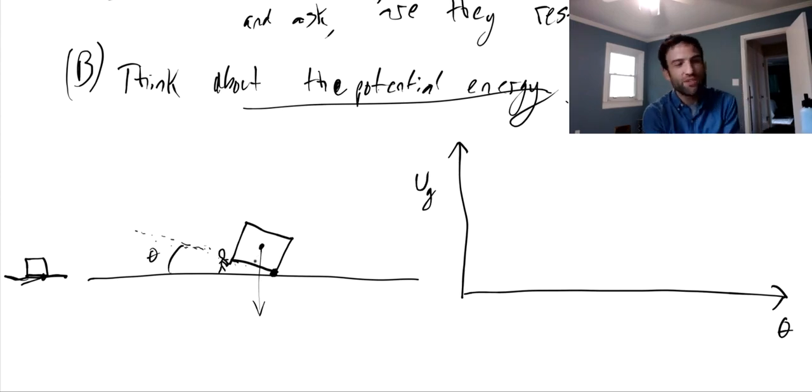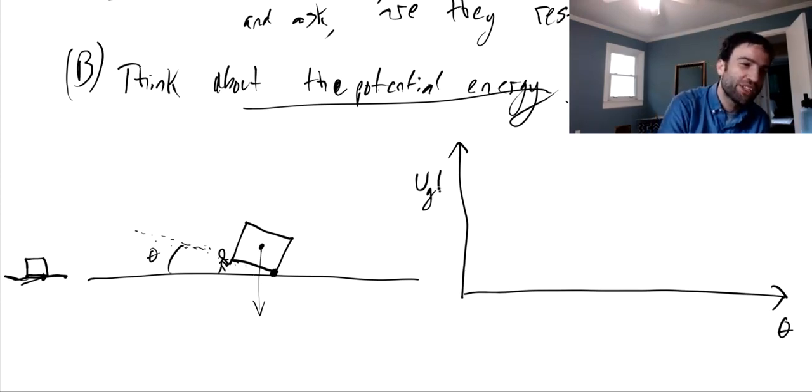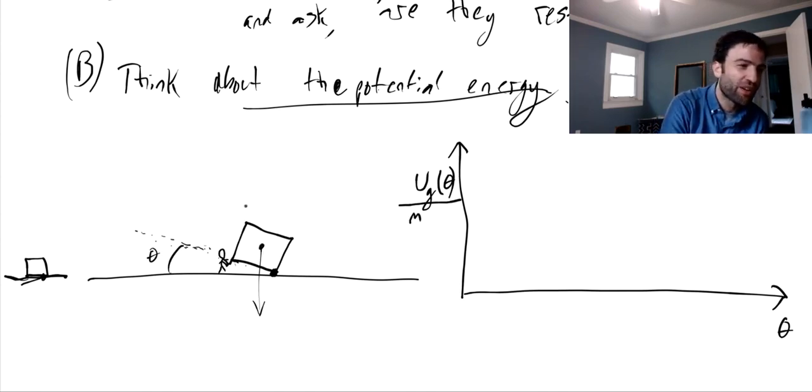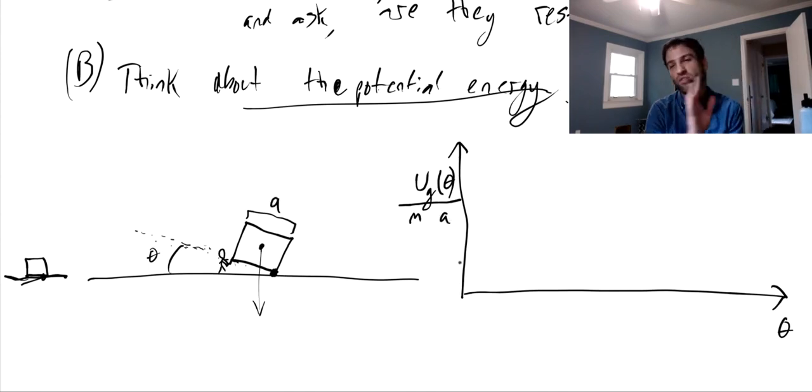So the gravitational potential energy will be related to how far up I've lifted the center of mass of this object by lifting up this corner, right? So I've got the potential energy as a function of this angle. And because I don't know the total mass of this block, and what these side lengths are, which maybe I'll just call A, I'm just going to divide out by those so that I don't have to worry about them when I'm plotting.